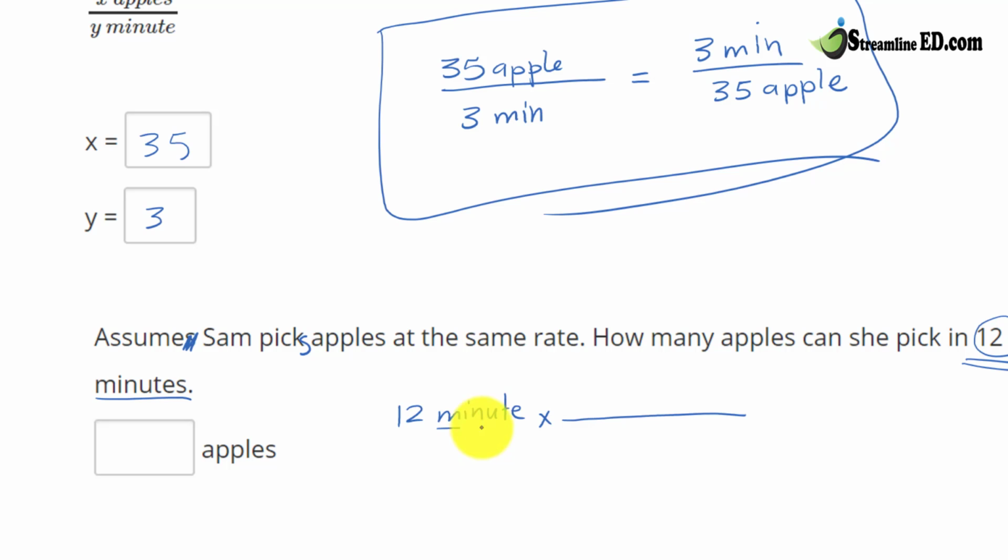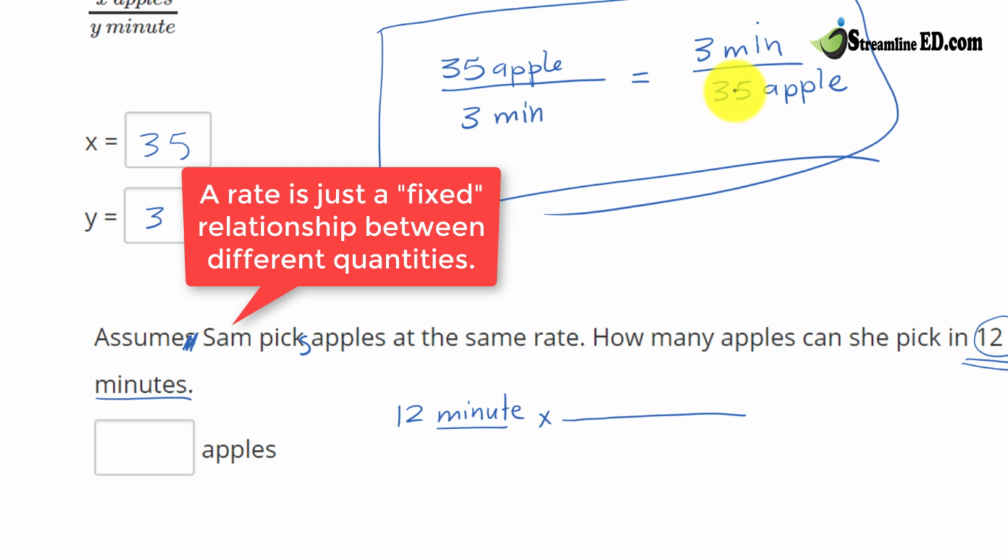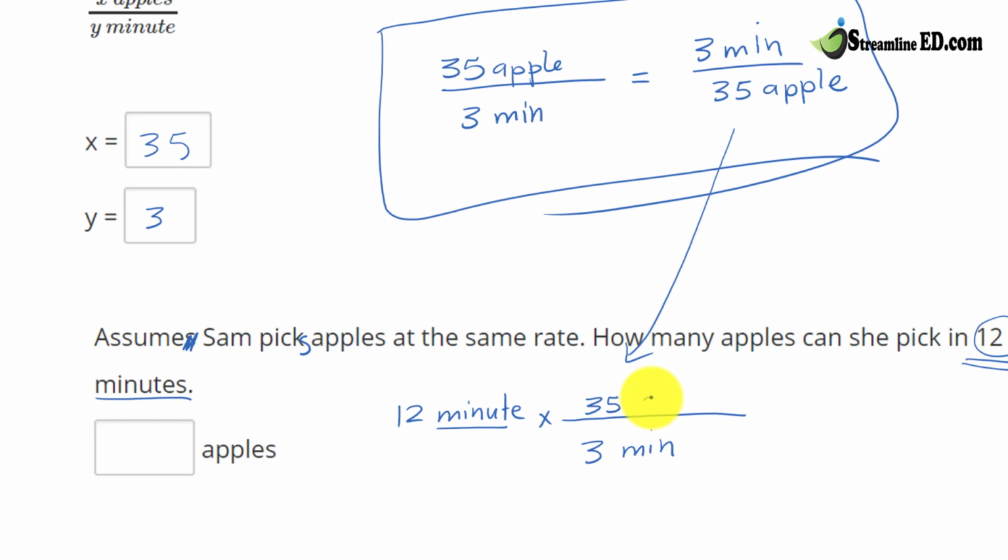We want to cancel out the minutes, so we have 3 minutes on the bottom, and what's on top? 35 apples.